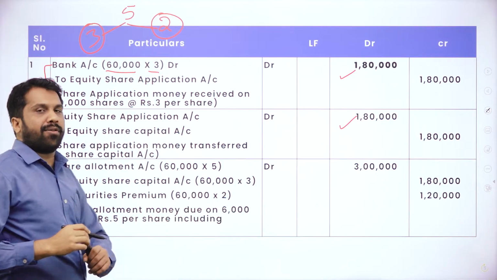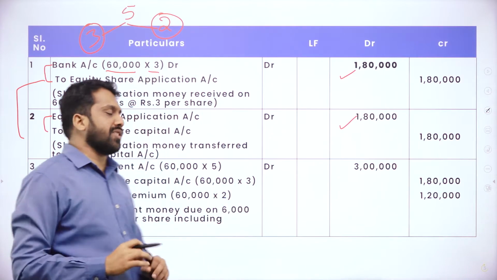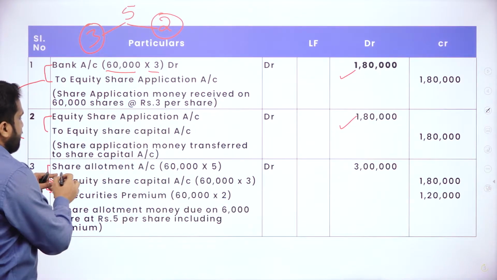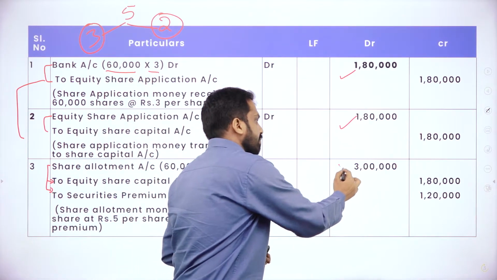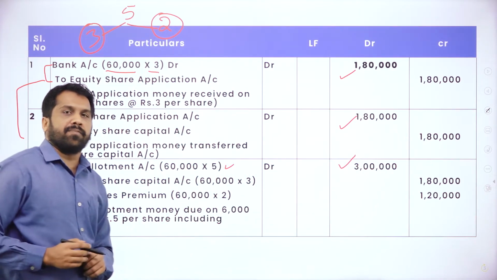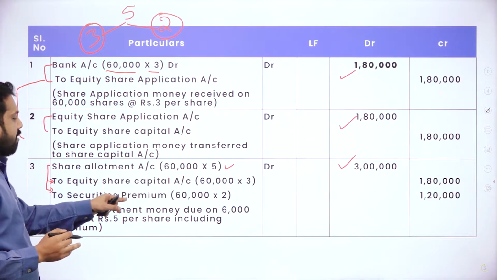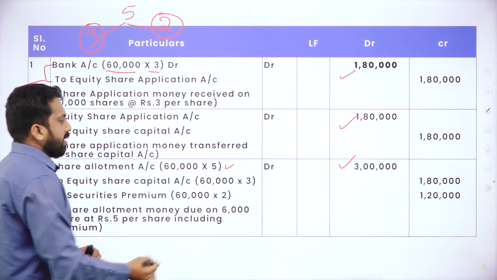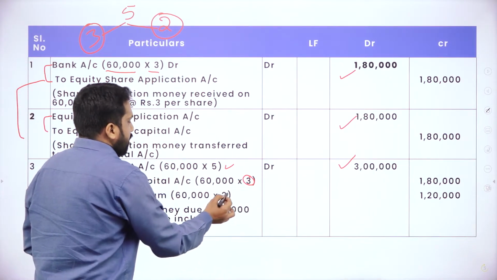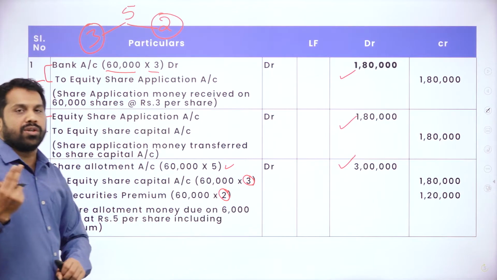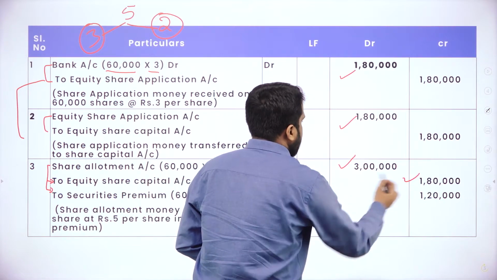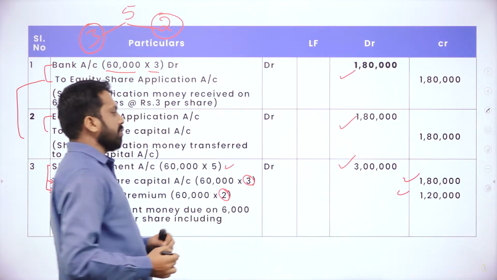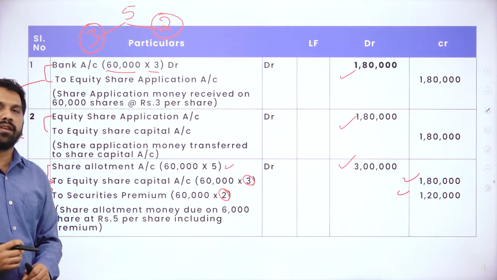Number of shares is 60,000. 60,000 multiplied by 5 is 3 lakh. Now, your capital is rupees 3 and your premium is rupees 2. 60,000 into 3 is 1,80,000. 60,000 into 2 is 1,20,000.